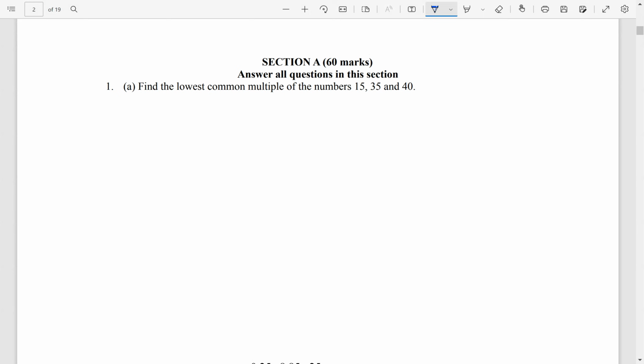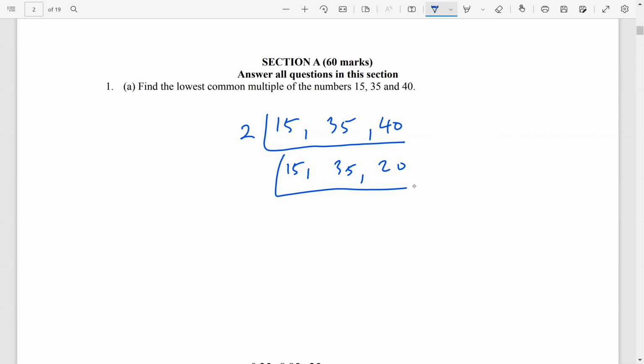and 40. We're going to use the prime factorization method to find the LCM. So you have 15, 35, 40. We are going to break down these numbers to the lowest one. So by 2: 15, 35, 20. By 2: 15, 35, 10.